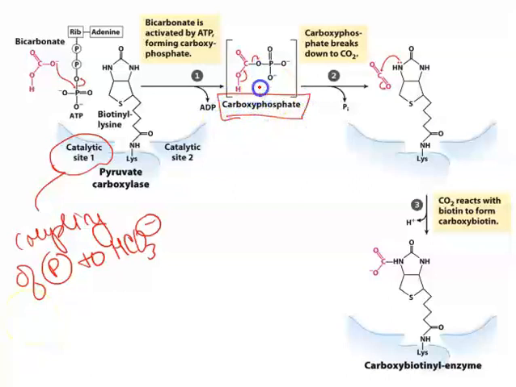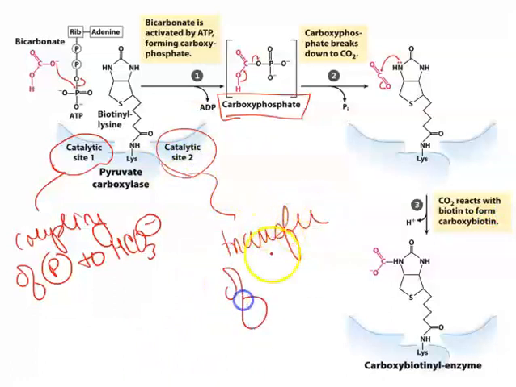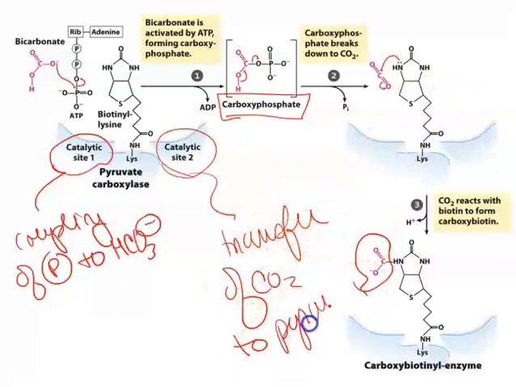It is a mixed anhydride. The second part of the reaction is occurring at catalytic site 2, which is not really shown here. Catalytic site 2 is where we have the transfer of the carboxyl group to pyruvate to form oxaloacetate.